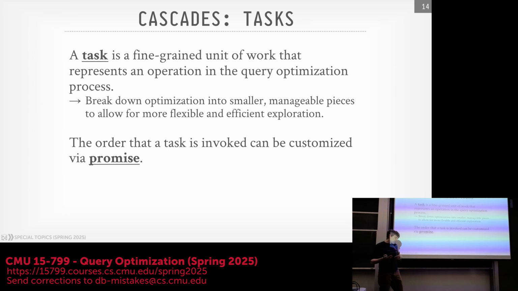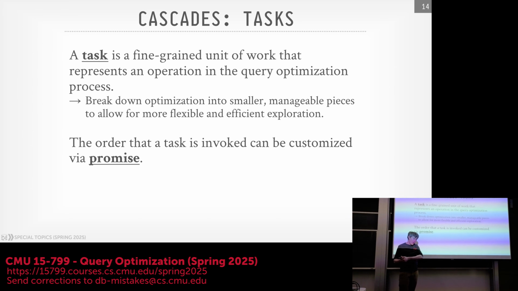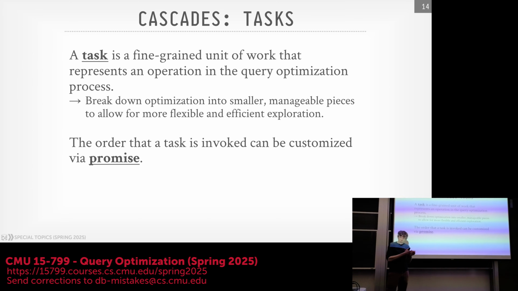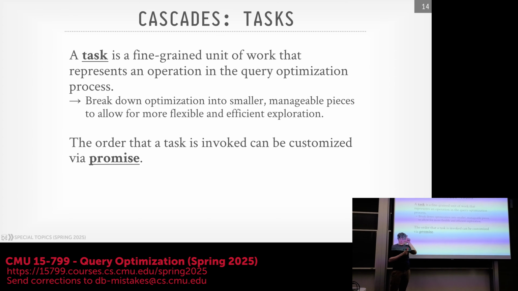Again, we saw this in Volcano, which was a rebuke of the approach done in Starburst, where they were saying you can combine rules together and do a bunch of complicated things. In Cascades and Volcano, they're saying no, you want these to be small pieces of work that do some transformation, throw them all into this queue, and then we'll figure out the right way to order them.